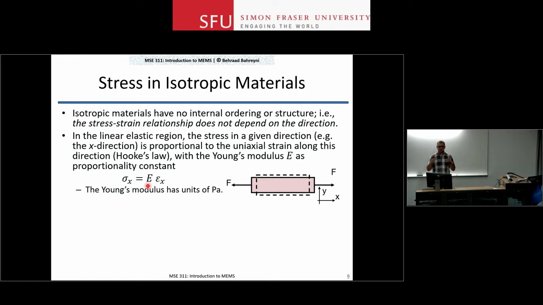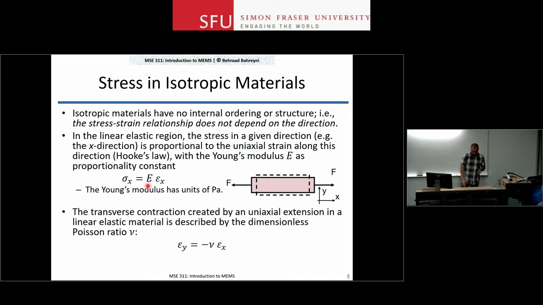But as you can even see in this figure, the dashed line represents the original material, original shape. Before we apply stress, you apply the tensile stress. It becomes longer, the material stretches, but at the same time, its width decreases, right? So what is happening here is that you have a strain in y direction.